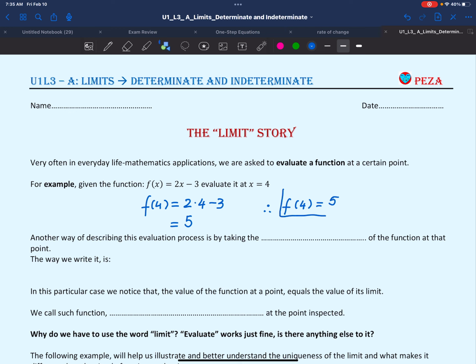So this entire process of evaluating the function at a specific point can also be described as taking the limit of the function at that point.